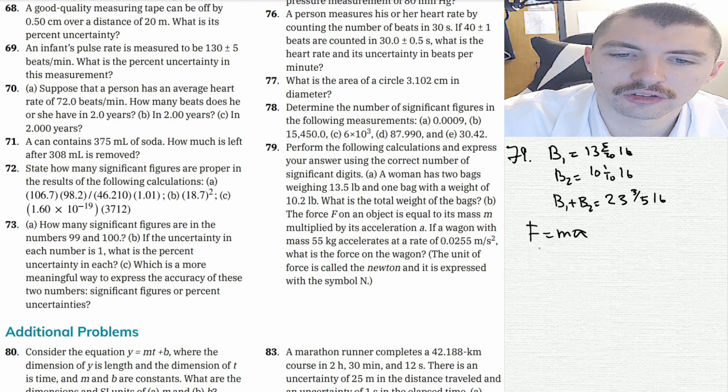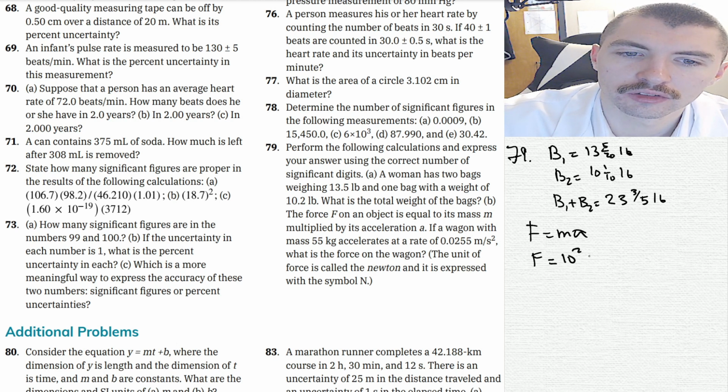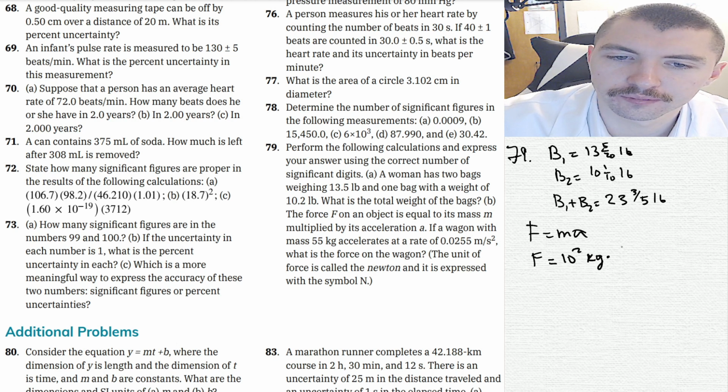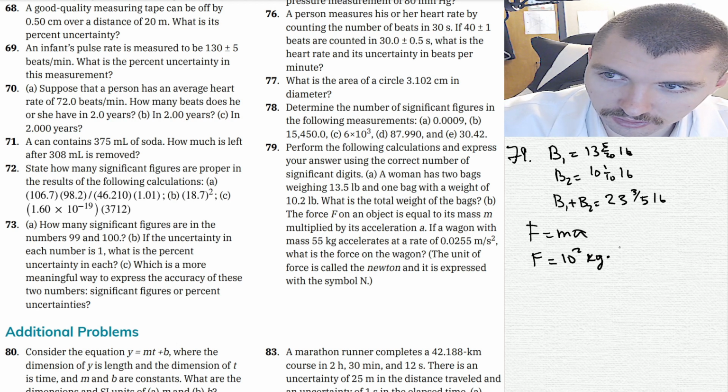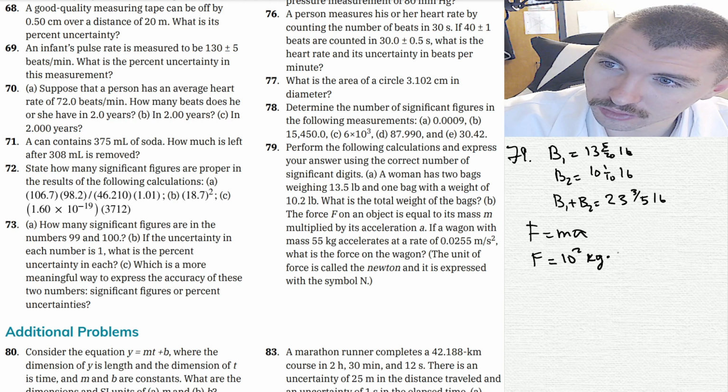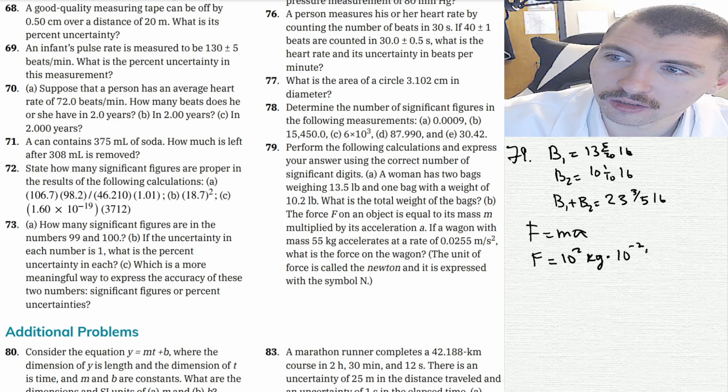All right, so we want to know the force given 10 to the 2 kilograms times, what is this? 2, that's 10 to the negative 2 meters a second squared, right?